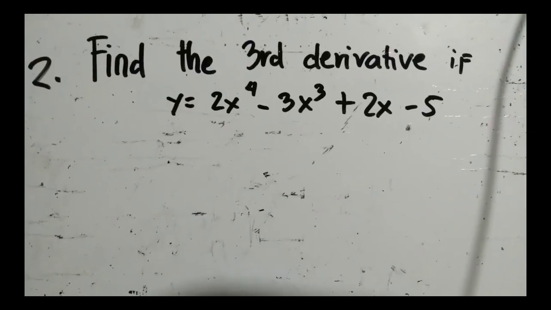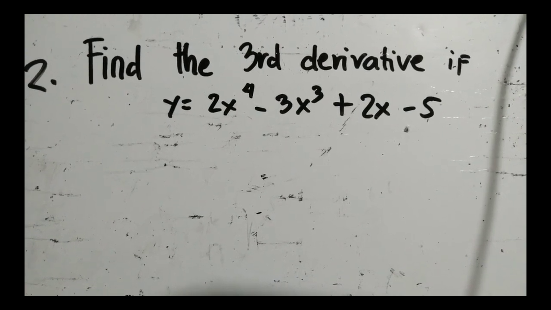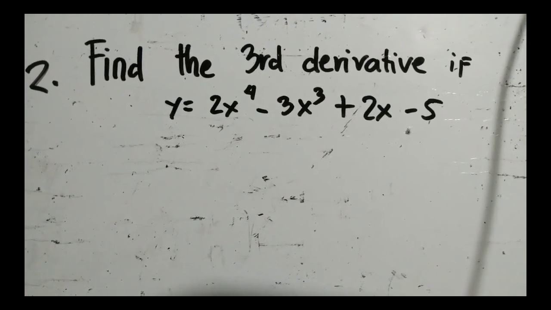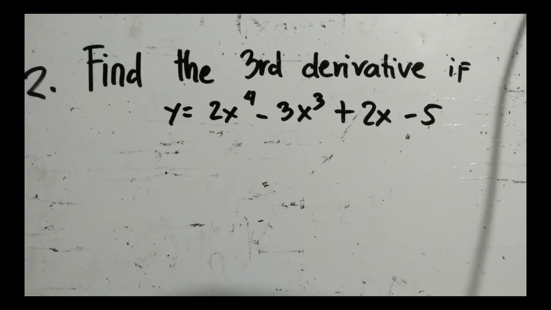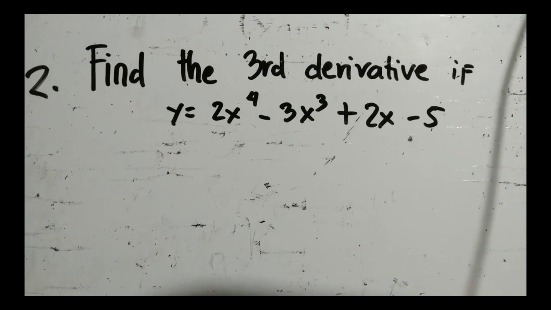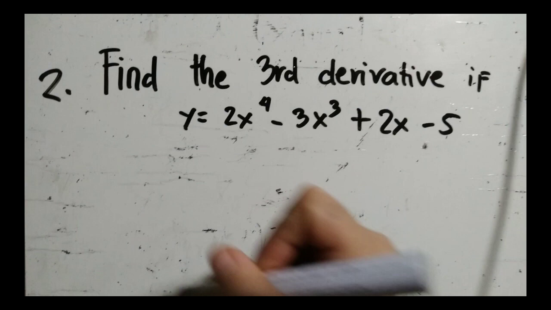So we have a second example. Find the third derivative if y equals 2x raised to 4 minus 3x cubed plus 2x minus 5. This time, we're going to find first the first derivative.